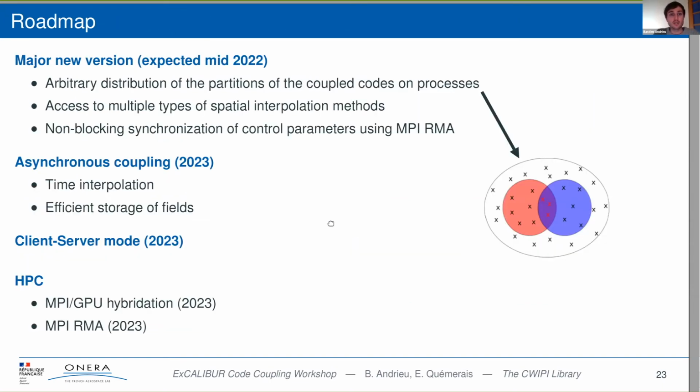Finally, we expect to release a major new version in the middle of 2022. I said in the beginning that currently CWIPI suffers from 2 major constraints: the distribution of the coupled codes on the processes is quite limited.